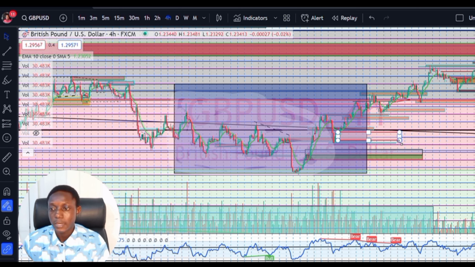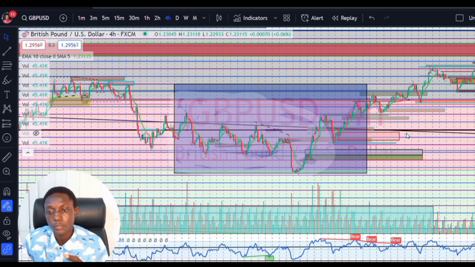So here we are, and this is what we're looking at. Inside of that highlighted area, the dark blue highlighted area, is an accumulation, and an accumulation occurs before a bullish trend.